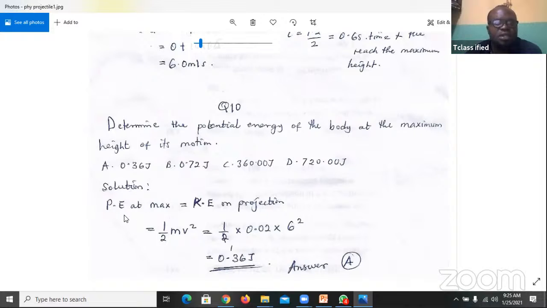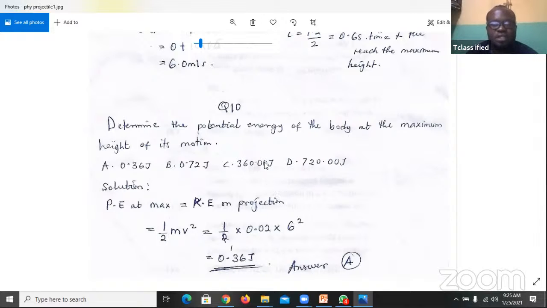Okay, so at maximum height of projection, potential energy is equal to the kinetic energy. And we all know that kinetic energy is simply half mv squared. So half mv squared, now you have 1/2. M is the mass.